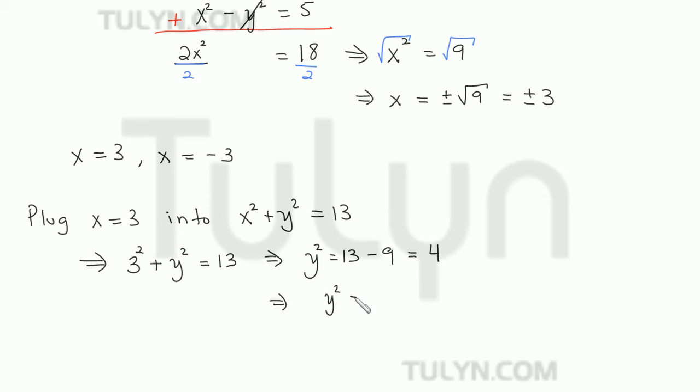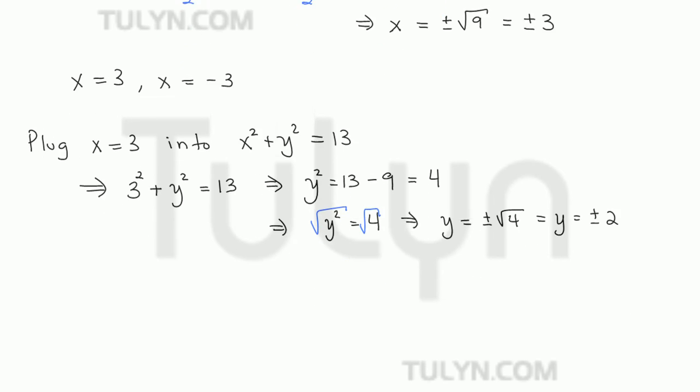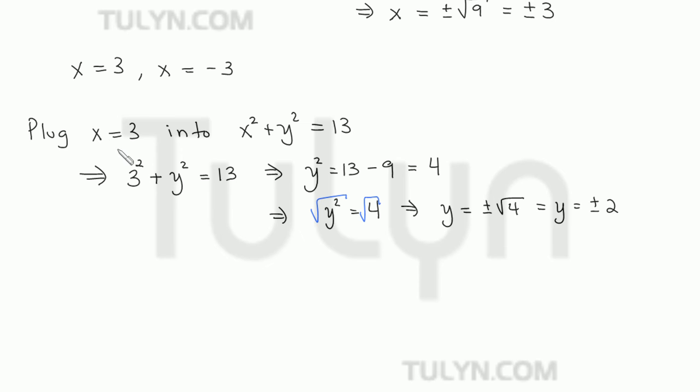So y squared is equal to 4. And then again, taking the square root of both sides, we get that y is equal to plus or minus the square root of 4. So y is equal to plus or minus 2. So that means when x is equal to 3, y is equal to plus 2, and y is equal to minus 2.